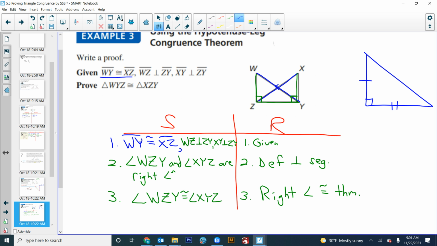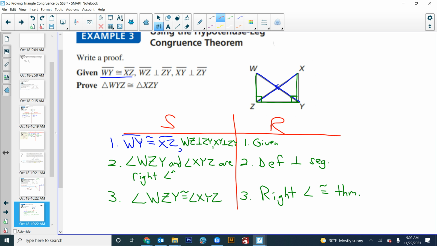And one red flag here would be there's the right angle, and the side we know is congruent is the hypotenuse. It's not one of those where they come together. So we're starting to think, maybe not SAS. Maybe HL.